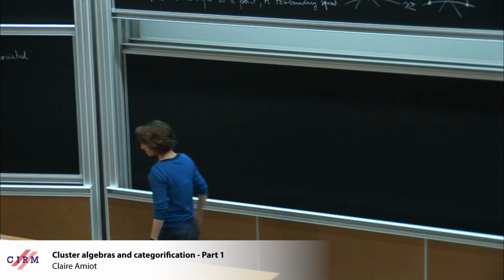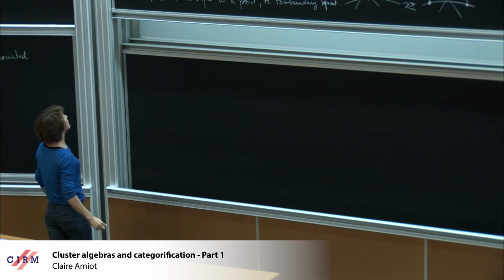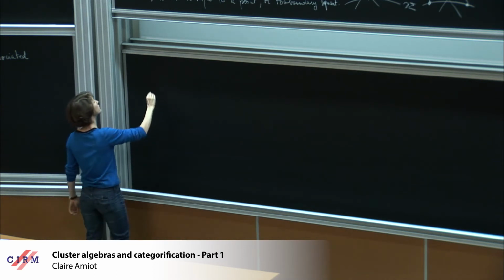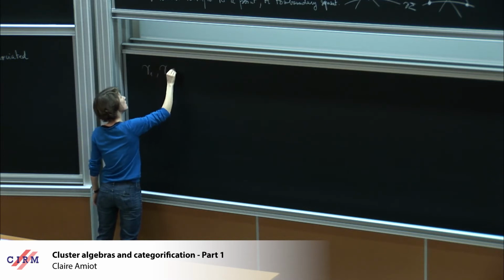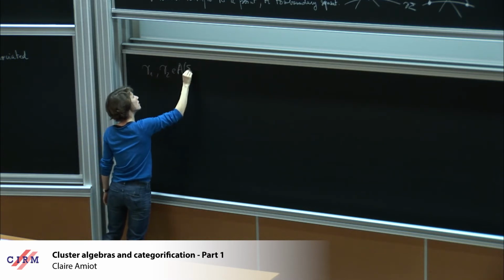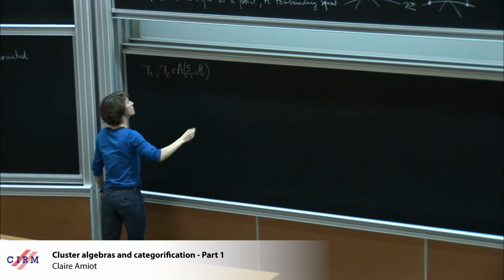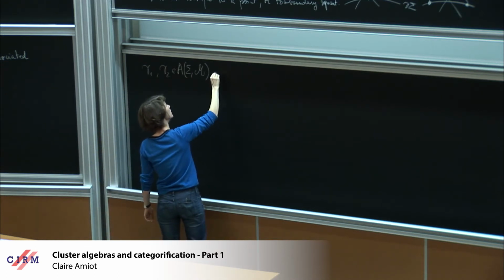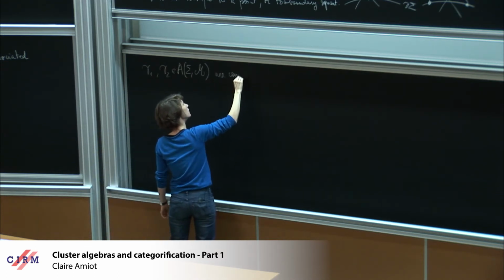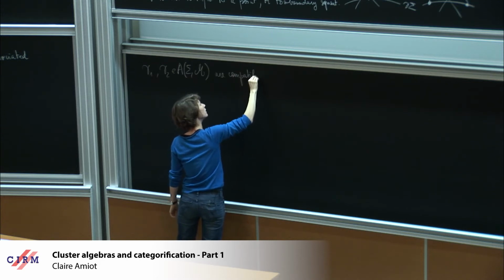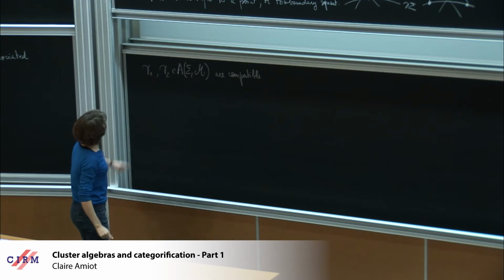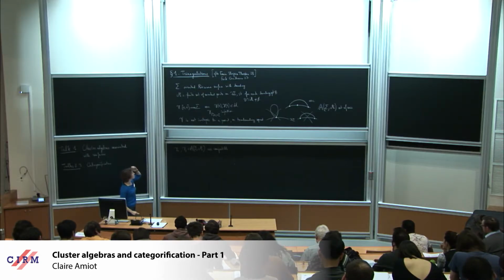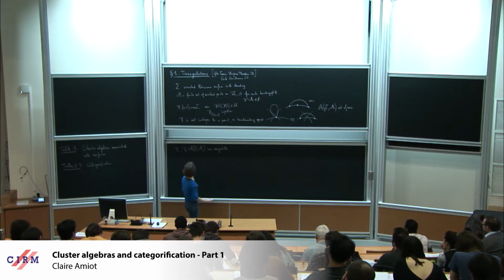Now I can define, if I take two arcs, we say that they are compatible if there exists a representative in the isotopy class that do not intersect.